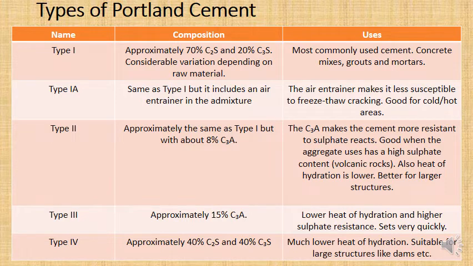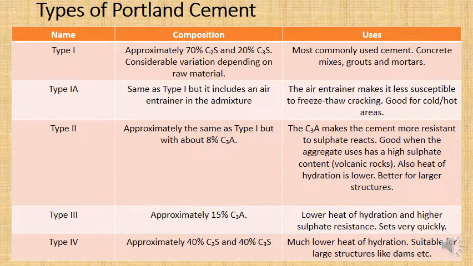And the last 10%, well, that's a mixture of gypsum, a small amount of tricalcium aluminate, but a very small amount, and also impurities in the mixture. Now, that's the most common cement. It's also the one that's used usually for normal concretes, grouts and mortars. For brick mortars, although often they'll use lime for brick mortars.